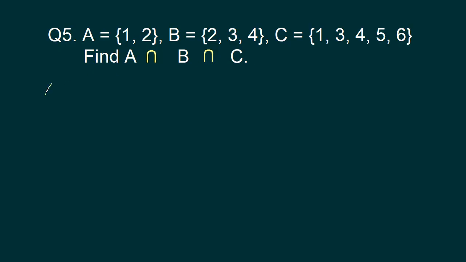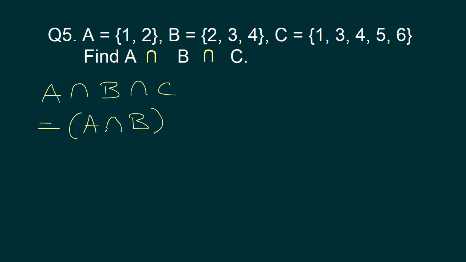The way we do that, let's write it over here: A intersection B intersection C. The way we are going to solve this is first we are going to solve A intersection B. Once we find this answer, then we are going to do an intersection of that with the set C.